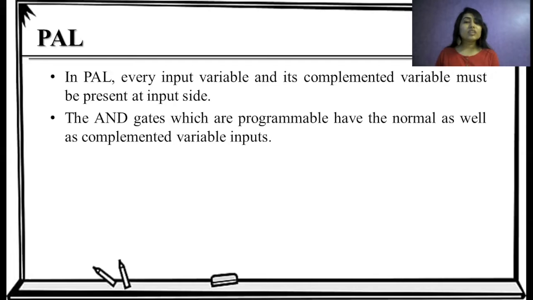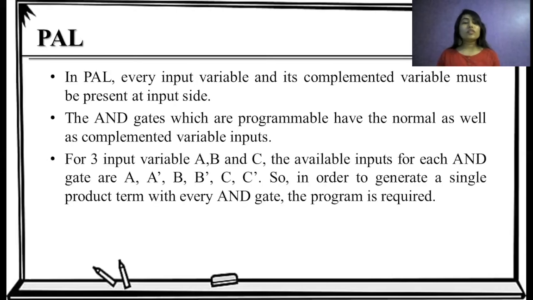The AND gates which are programmable have the normal as well as complemented variables at the input side. For example, for three input variables A, B and C, the available inputs for each AND gate are A, A dash, B, B dash, C, C dash.